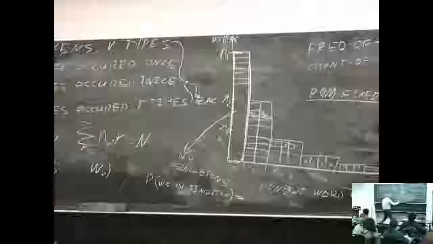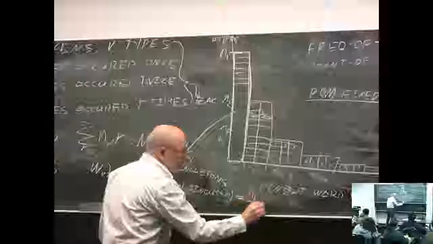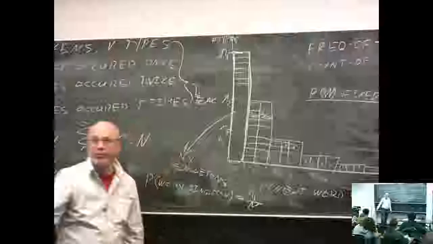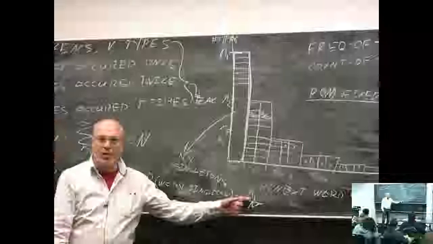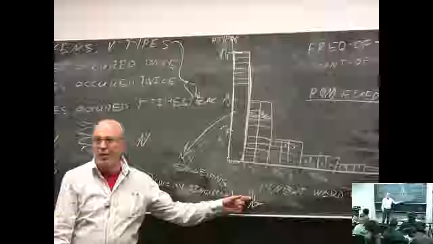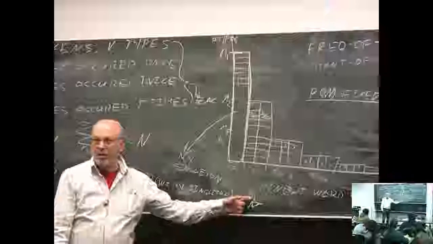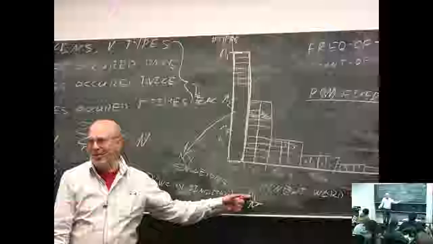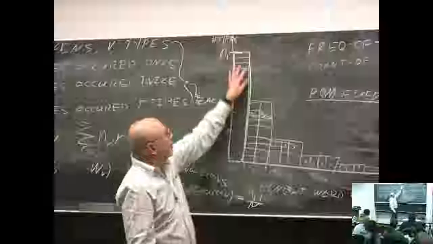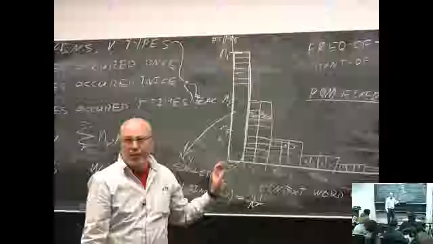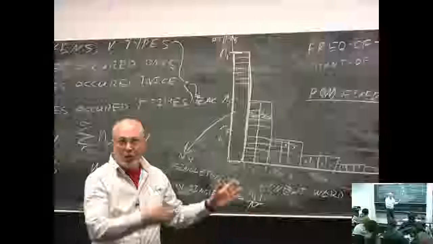It's N sub 1 over big N. N sub 1 here is used as the number of times these words occurred so far. It's N sub 1 times 1, actually. But times 1 is... it's the area here divided by the overall area.